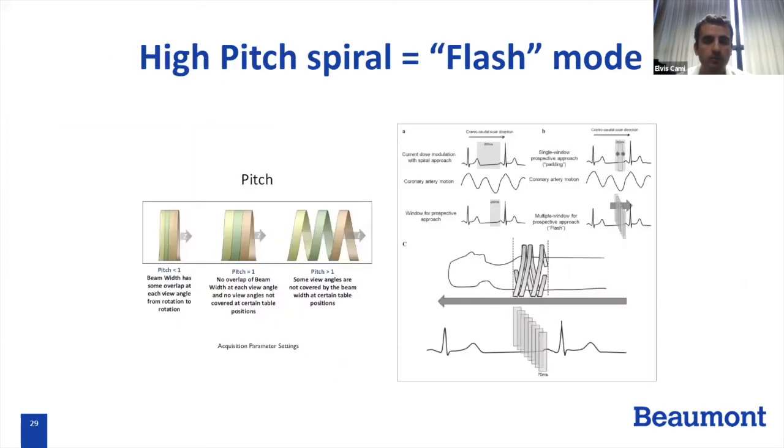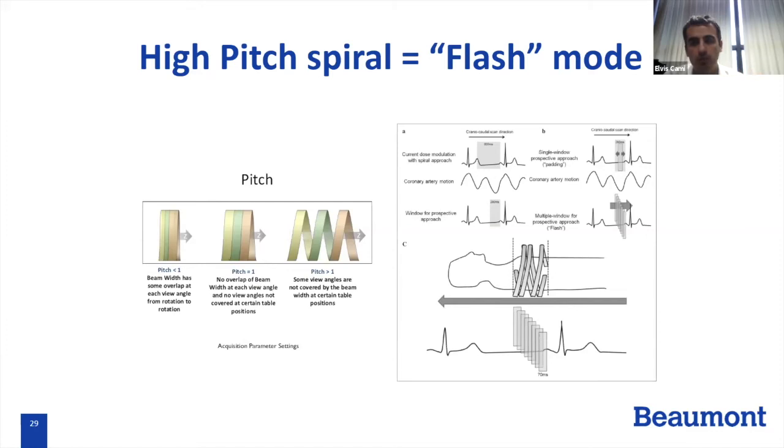I don't know if you guys use the flash mode very frequently. So Siemens also has this high-pitch spiral called the flash mode that you can do, especially with the dual source. We rarely use this because if you use this, your radiation dose is going to be lower, but you only get one phase, and that's it.